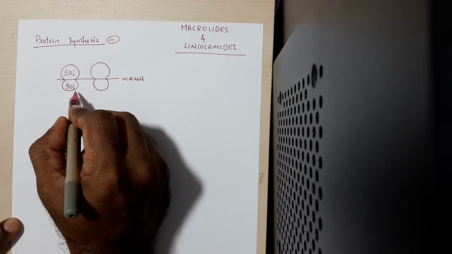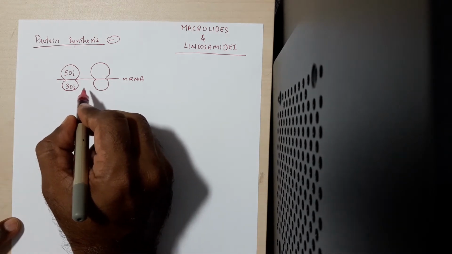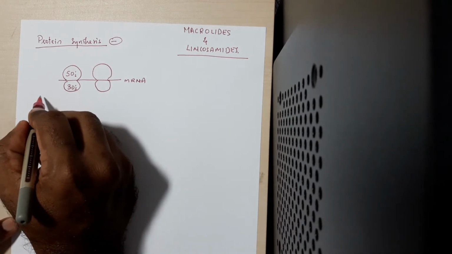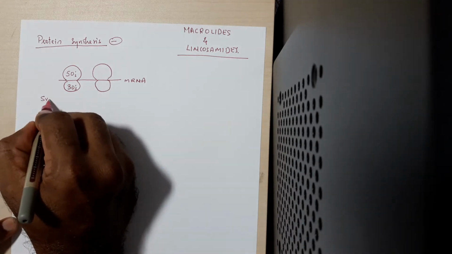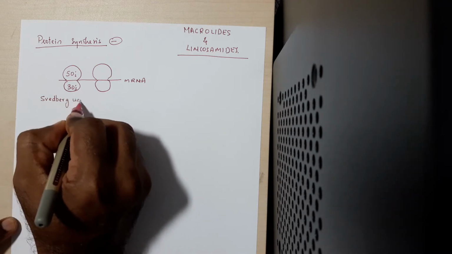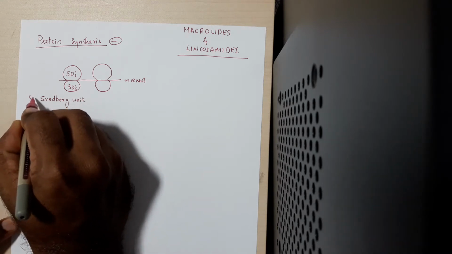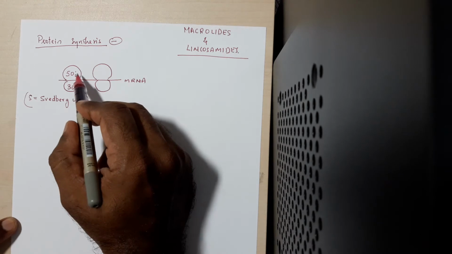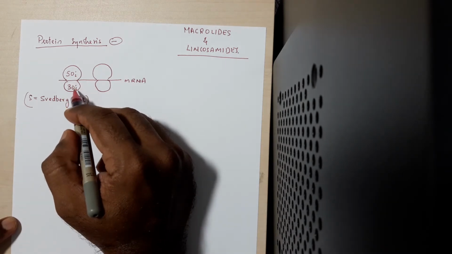This S is nothing but the sedimentation velocity in an ultracentrifuge, and it is the Svedberg unit. So we have the bigger subunit as well as the smaller subunit.